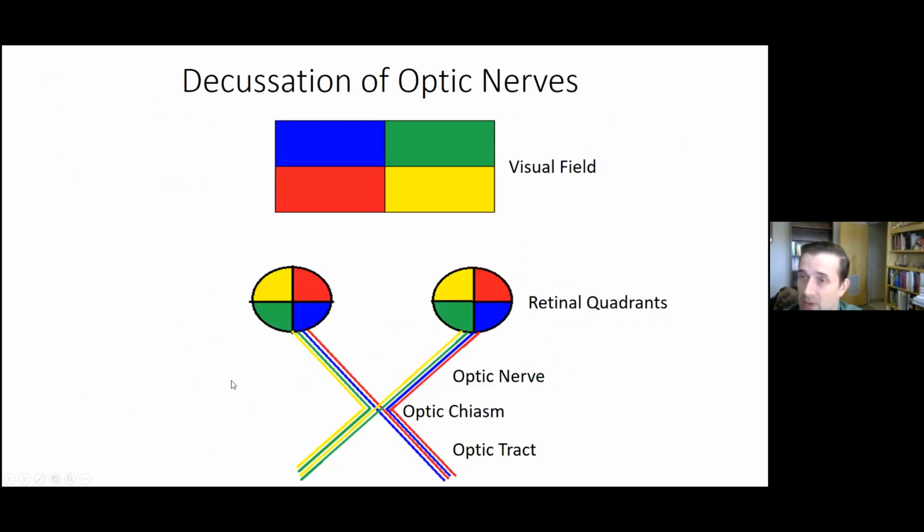So, if you look at this diagram, right is left, left is right, up is down, and down is up.